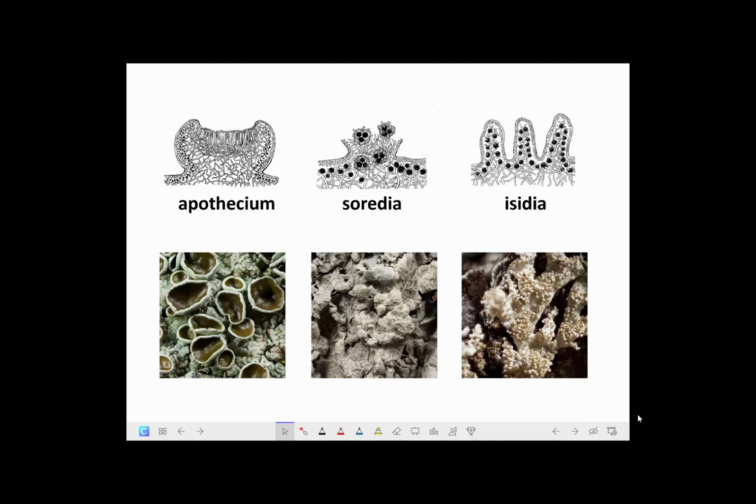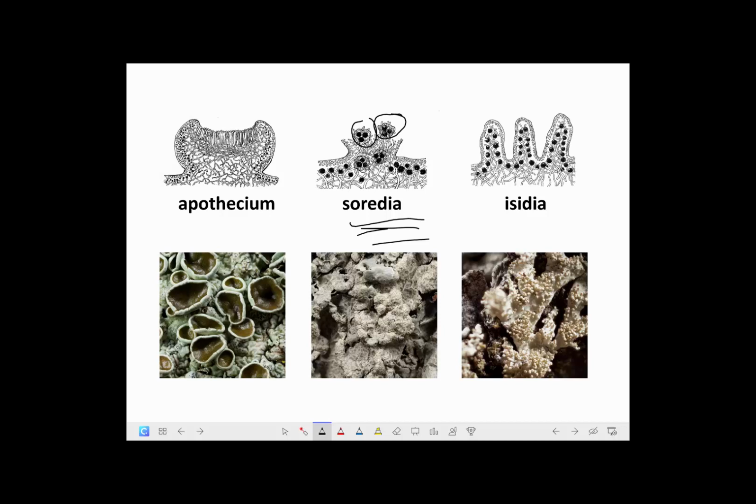The other two means of reproduction, which are generally asexual, can combine some fungus and some algae in little breakaway starter units. So one of the mechanisms is called soredia, and soredia are little powdery pustules or breaks in the upper cortex of the lichen, and that have little bundles of algae and fungi.